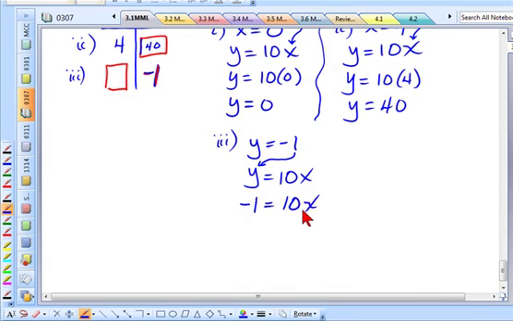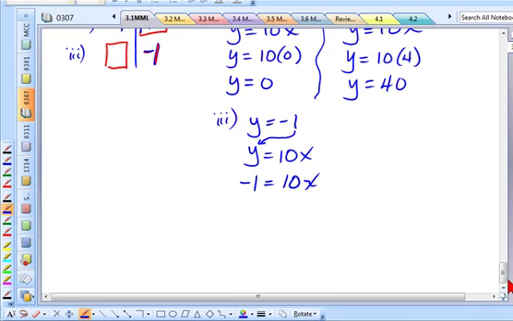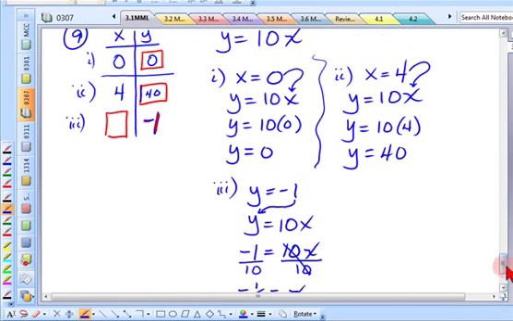Now, it's a little more work for me to solve for x, but we're supposed to be virtual experts at solving equations. So what would you do to get x by itself? You would divide by 10, divide by 10, that would go away, and you'd have x is equal to, you might not like it too much, but you have a fraction for x. It is -1/10. And so back in the chart, you would have to use your little fraction key, and it is -1/10. And you could put the negative either with the top, out in front, or even with the bottom if you wanted to.